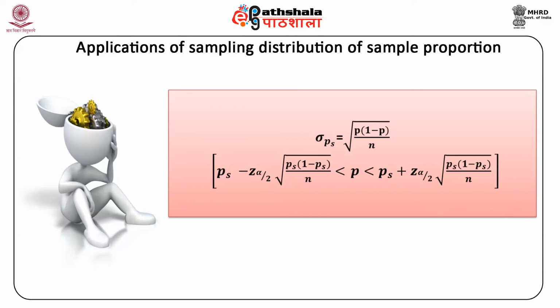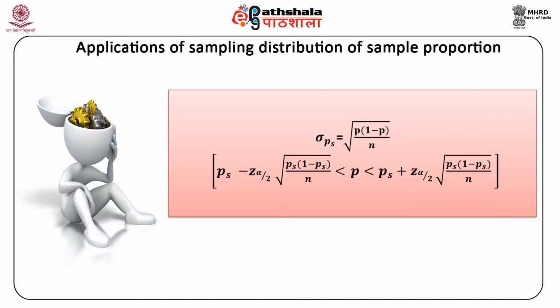Replacing Z by Ps minus p upon the square root of p into 1 minus p upon n, we obtain the probability that this has to be less than Z alpha by 2 and greater than minus Z alpha by 2 is equal to 1 minus alpha.